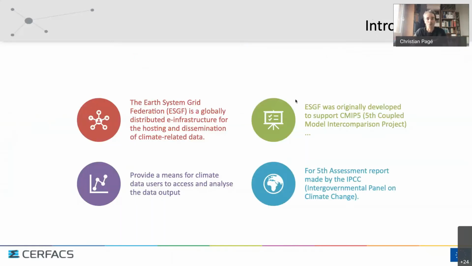So the ESGF is the Earth System Grid Federation. It's a globally distributed infrastructure that also disseminates climate-related data. It was originally developed to support CMIP5, the fifth Coupled Model Intercomparison Project.